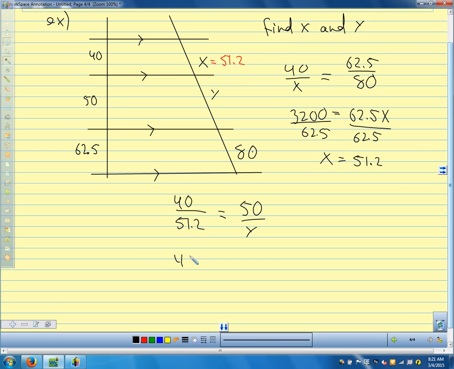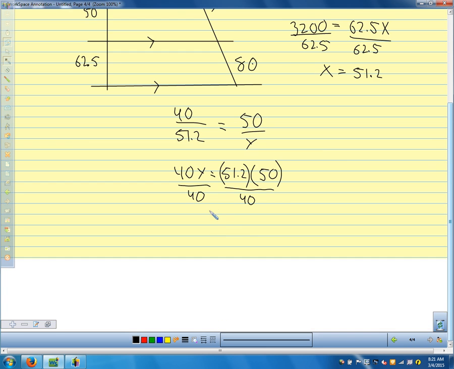So we get 40y equals 51.2 times 50. And then we would divide by 40. I can't do that one in my head. So y equals, when I divide this out, I get 64.